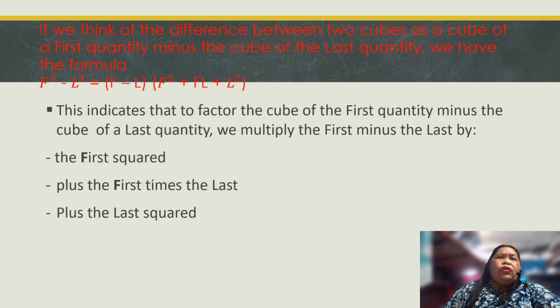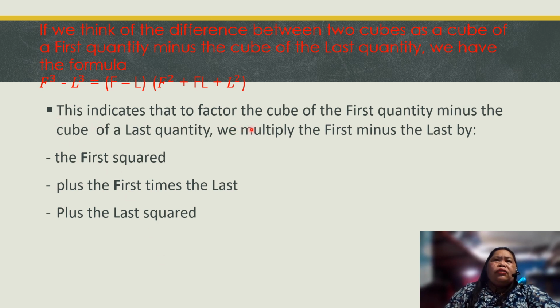If we think of the difference of two cubes as the cube of the first quantity minus the cube of the last quantity, we have the formula: first cube minus last cube. We take the cube roots, then square the first, then add the first times the last, and also square the last.